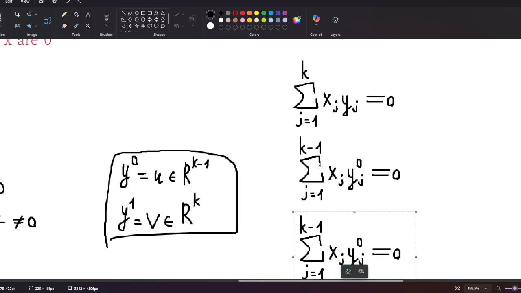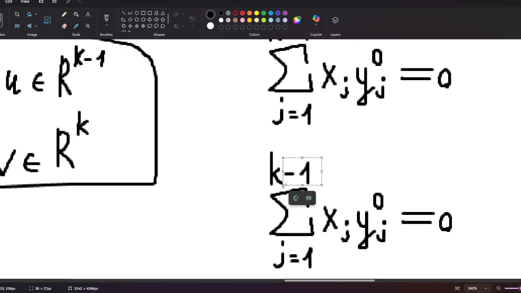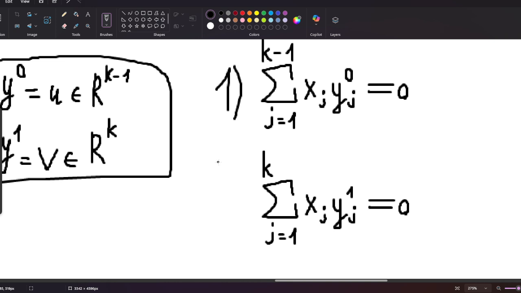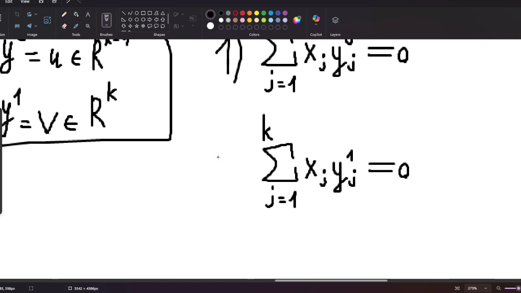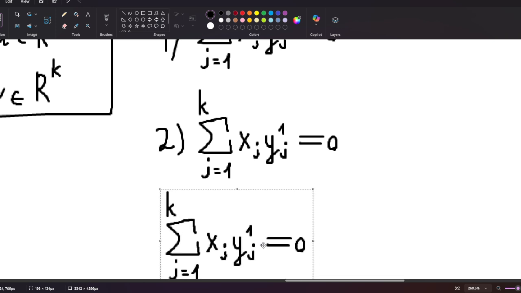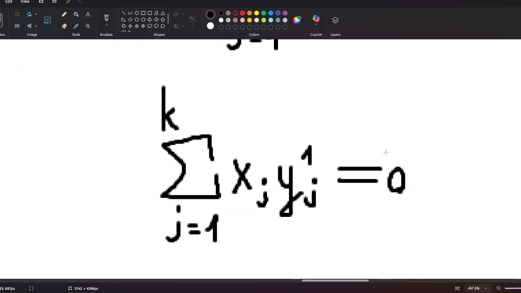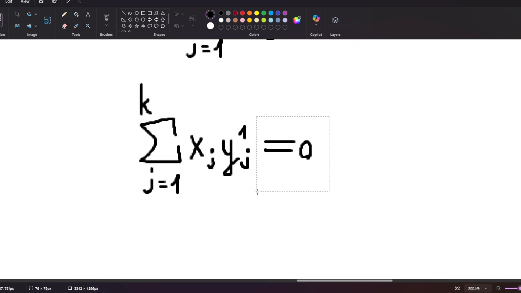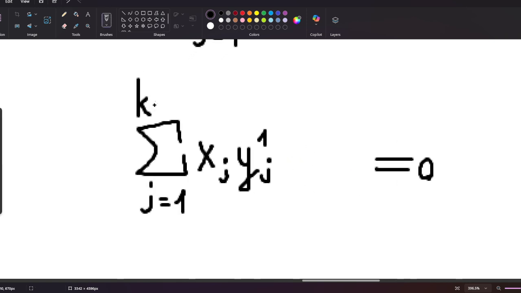What we're gonna do is prove that this works too for k if this works. So let's begin with that, and now let's deduce this. We're gonna separate it like that: the sum up to k minus 1, and add xk yk.